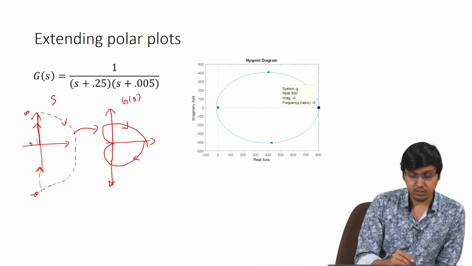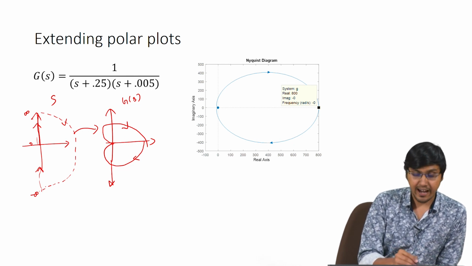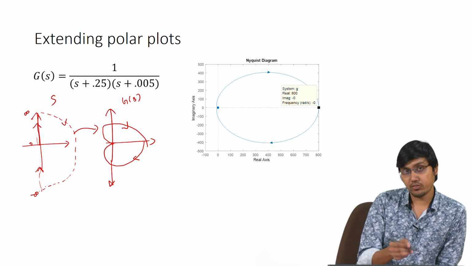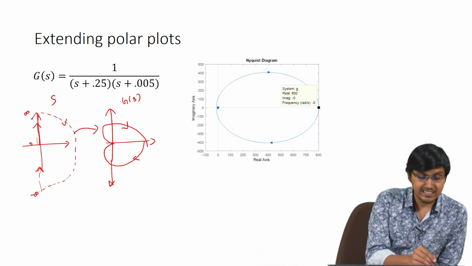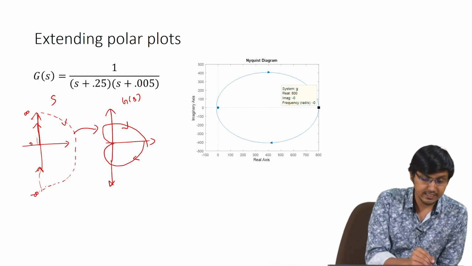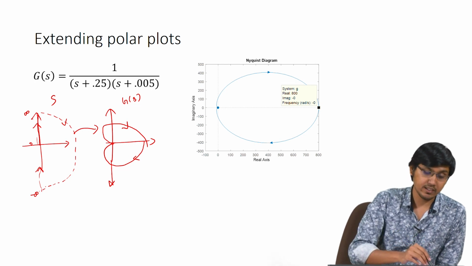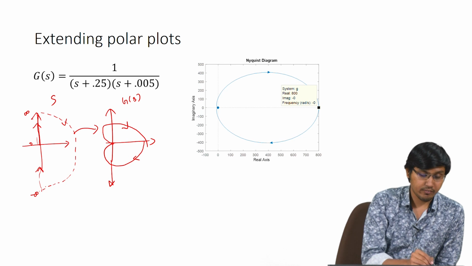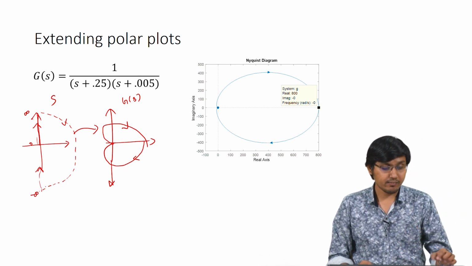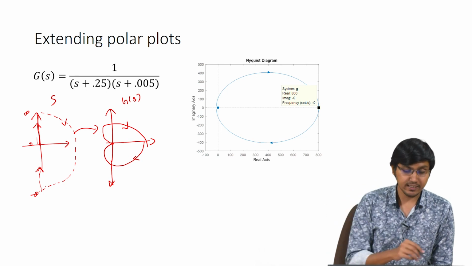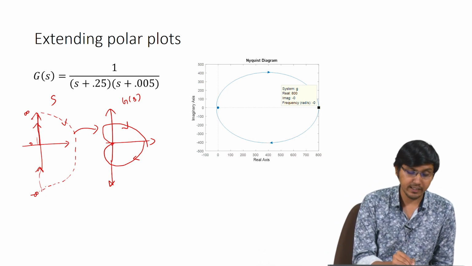So the angle alone changes for every omega, and this is like an infinite radius when you are covering the entire S plane via infinite radius, and that actually boils down to a point here.